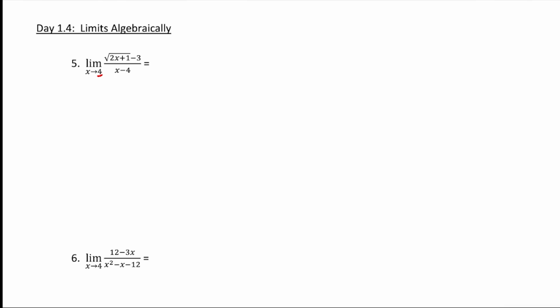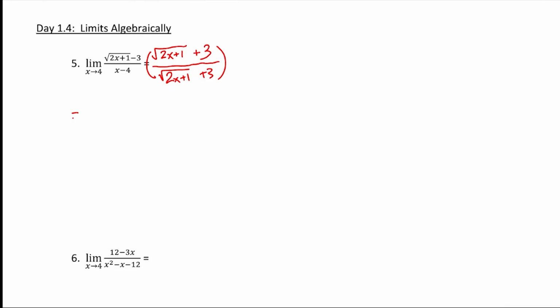So algebraically, if you've got a setup here where you've got a square root, and then either plus or minus another term, that's usually an indication that you want to multiply both the top and the bottom by the conjugate of whichever side has that square root. So we'll multiply this by root 2x plus 1 plus 3 on both the top and the bottom here.